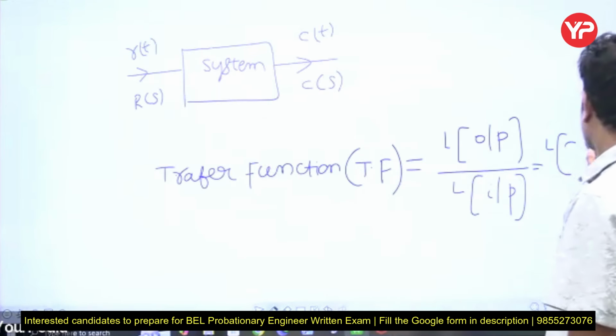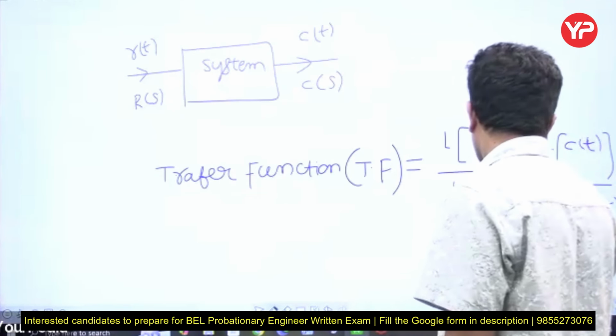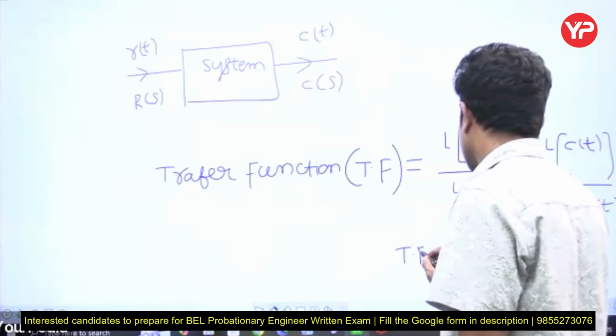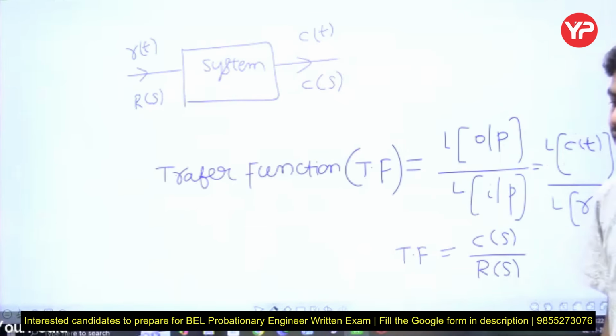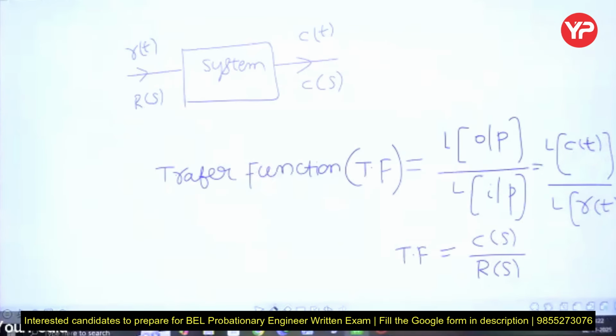So Laplace transform of c of t by Laplace transform of r of t, that is C of s by R of s, is the transfer function. Sir, why it is useful for us, how it is useful for us, all those things I'll discuss. Please first look at that carefully. I request all of you to understand that part.